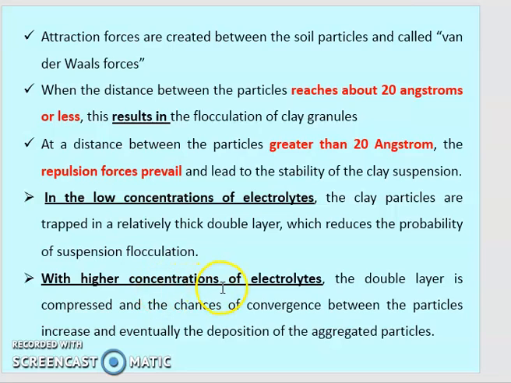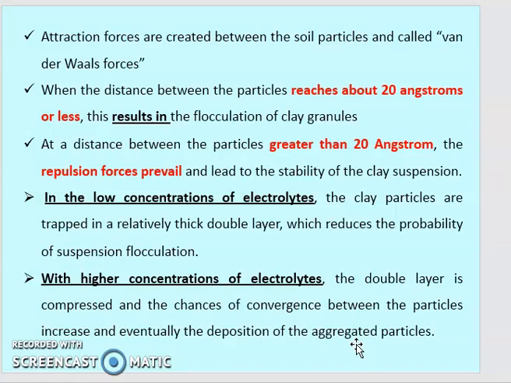With a high concentration of electrolyte, the double layer will be compressed, and with the change of valence, the attraction between the particles increases, and eventually the deposition of the aggregated particles is conducted.